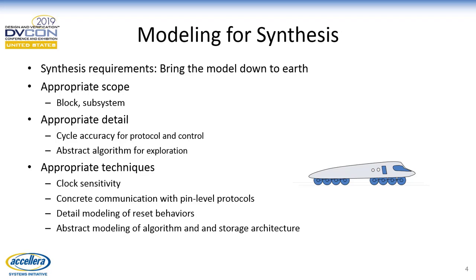You're going to have to tell in the model, when do we drive this pin and when do we drive that pin? And that's a lot more detail at the communication level than is required for virtual platform work. But you can and should maintain as much abstraction in the algorithm as possible. And as it turns out, you can maintain quite a lot of abstraction in the algorithm part of that.